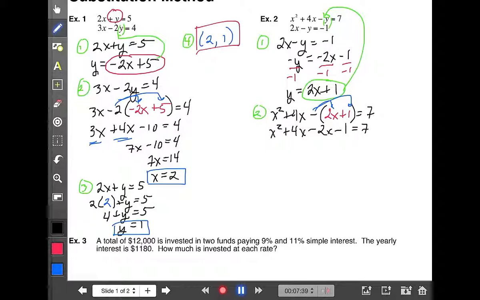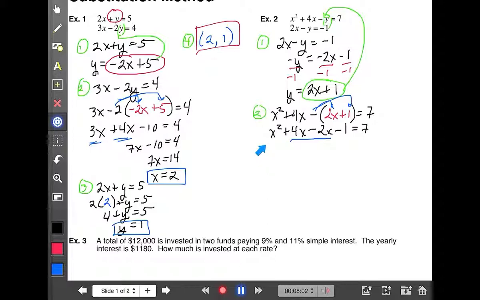And so at this point, we're going to collect like terms, and I have an x squared here, correct? Which implies what's going to happen. I don't want to take the square root because I also have an x term as well. Well, it's a parabola, right? But what do I do when I have a quadratic? I'm solving for x.